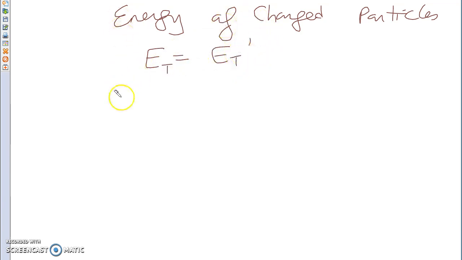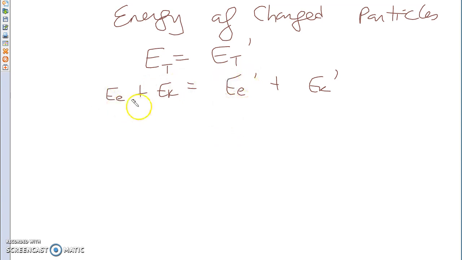Okay, and imagine if my object had the following energy, then it would be EE prime plus EK prime. Okay.